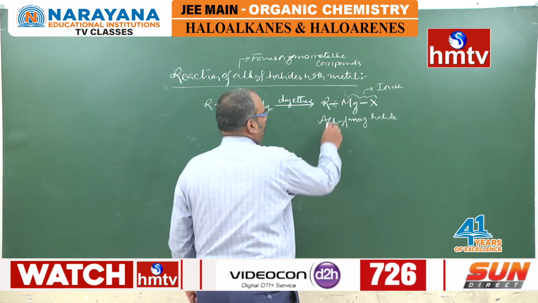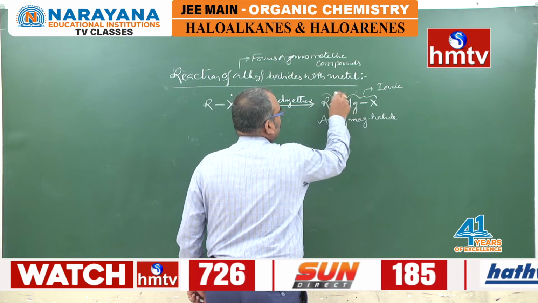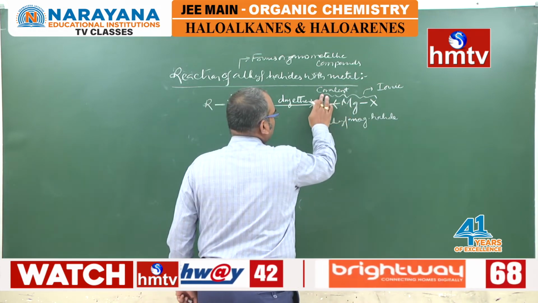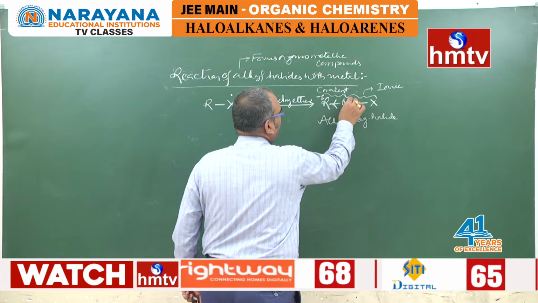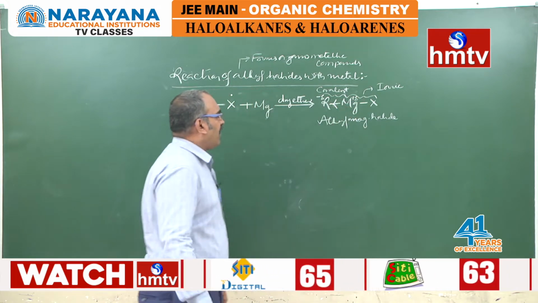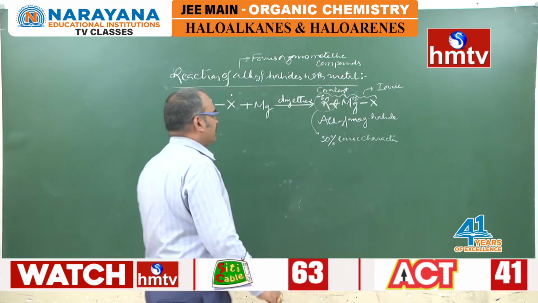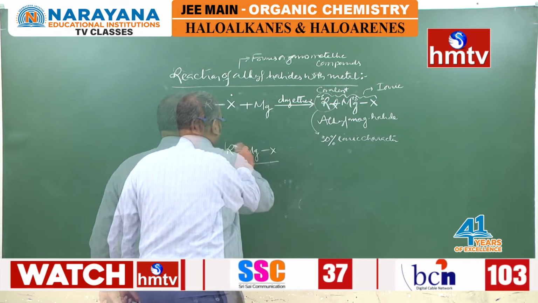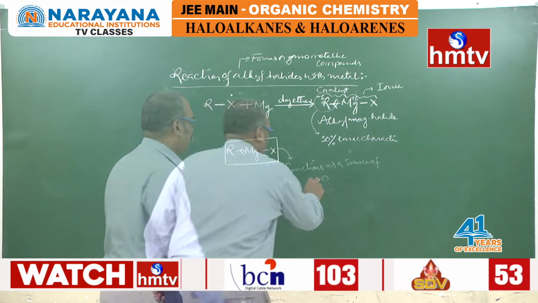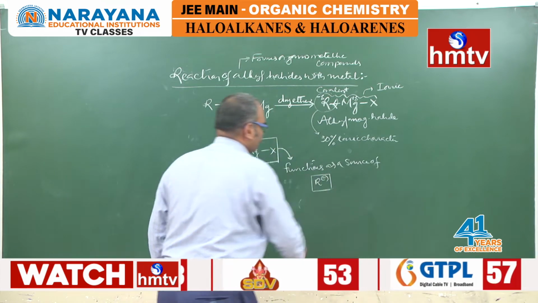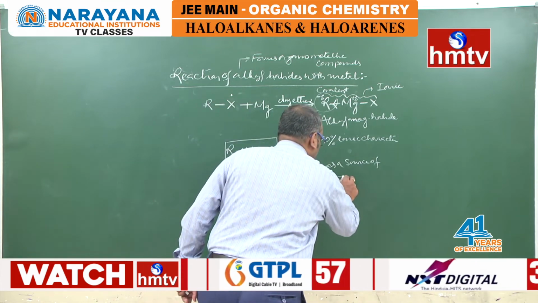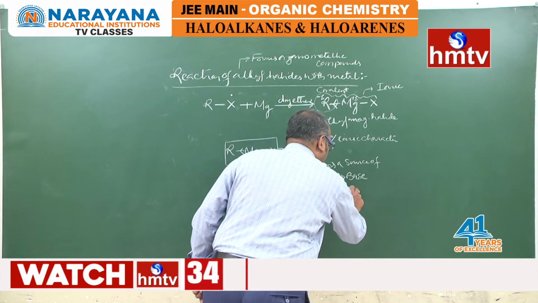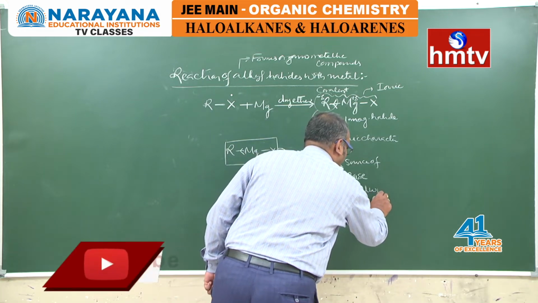Now this R-Mg bond is covalent but with a lot of polarity. R minus is formed because of high polarity, and the R-Mg bond has approximately 30% ionic character. As a result, Grignard's reagent functions as a source of R minus carbanion, which can function as a base and consume a proton, and also as a nucleophile.